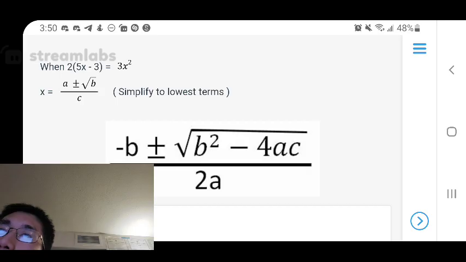B is not negative 10. Wait, yeah, I had it. How's it not working? I think I missed something. B is negative 10.